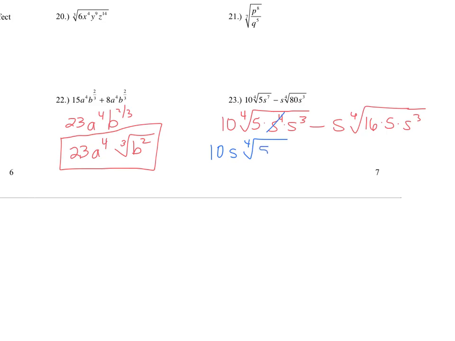Then I have the fourth root of the 5s cubed minus the fourth root of 16, so that is 2, which comes out with the s. And then I have the fourth root of 5s cubed. So we've got 10s, take away 2s, so we're left with 8s times the fourth root of 5s cubed.